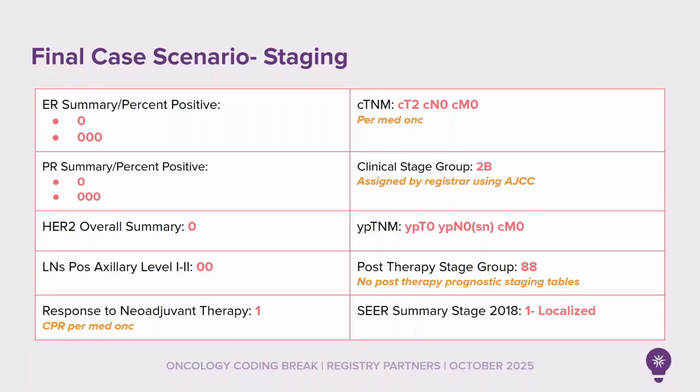There was no residual tumor in the negative sentinel nodes, so we have ypT0, ypN0, and we add in the (sn) suffix for that sentinel lymph node biopsy. Stage group will be 88 because there's no post-neoadjuvant prognostic stage tables in AJCC. In the SEER summary stage 2018, it will be localized for confined to the breast.